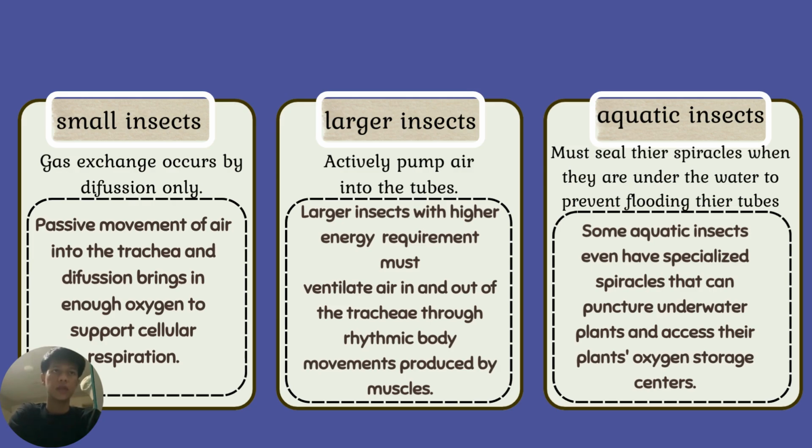Larger insects with higher energy requirements must ventilate air in and out of the trachea through rhythmic body movement produced by muscle. And lastly, aquatic insects must seal their spiracles when they are under the water to prevent flooding their tubes. Some aquatic insects even have specialized spiracles that can puncture underwater plants and access the plants' oxygen storage centers.